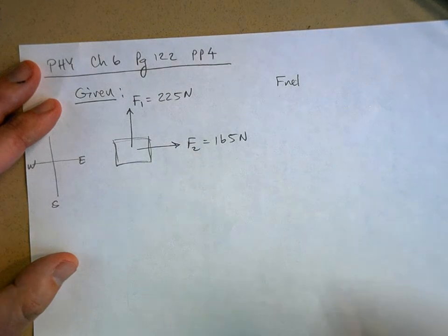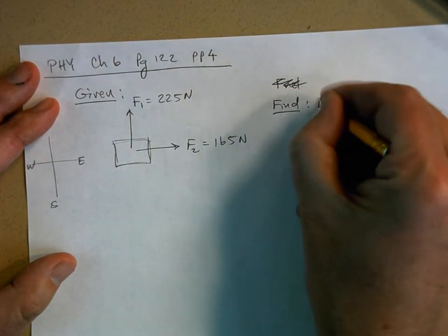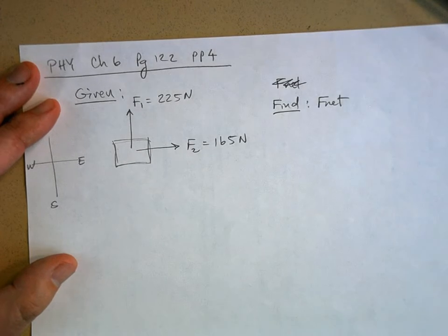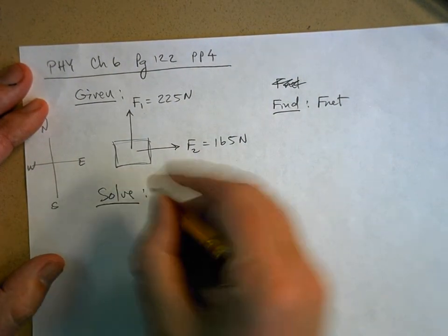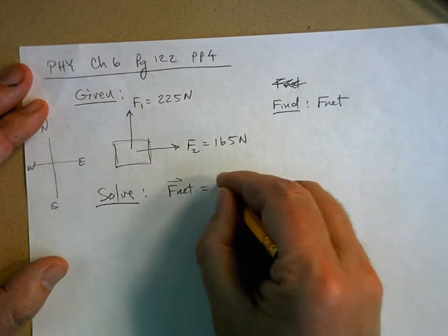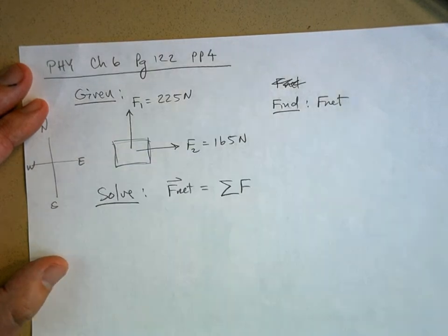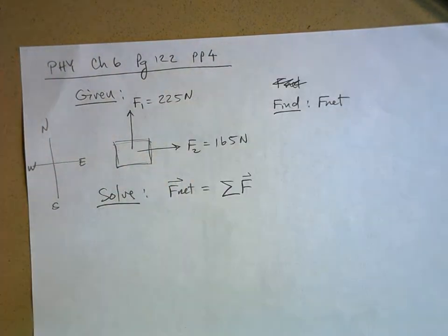Let's find the net force. Well, let's solve it. The net force is just what you get when you sum all the forces acting on the object. And these are the only two forces given.